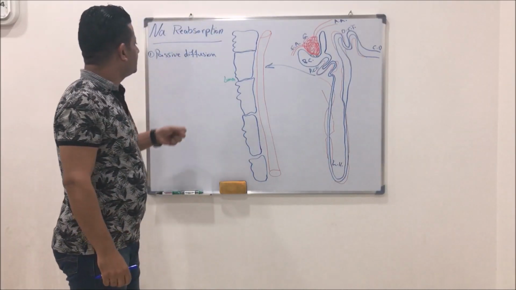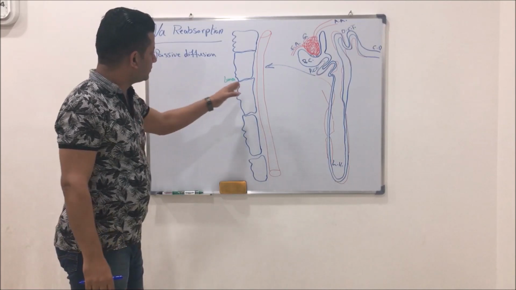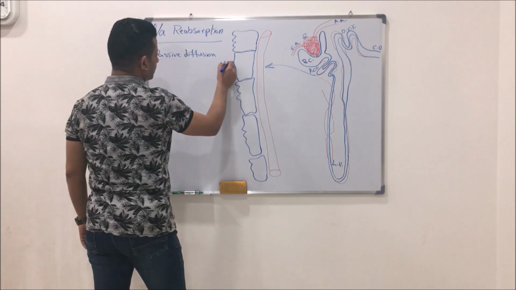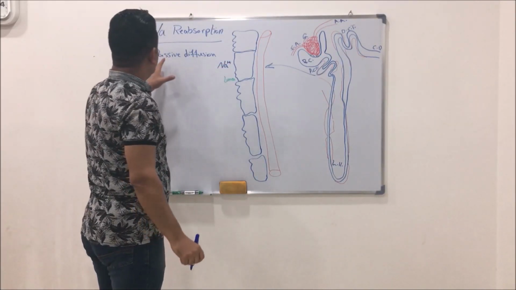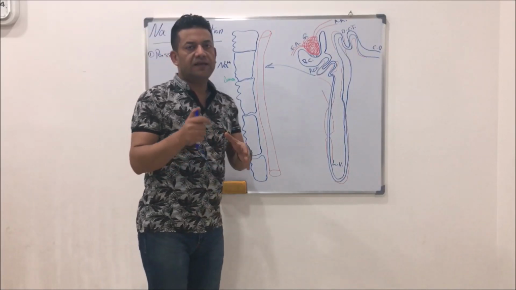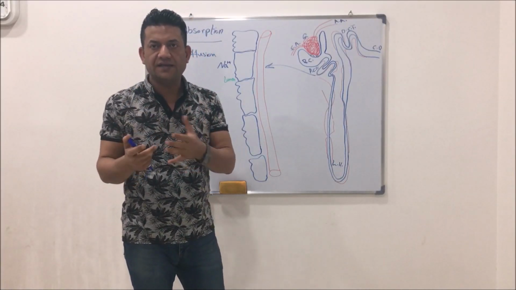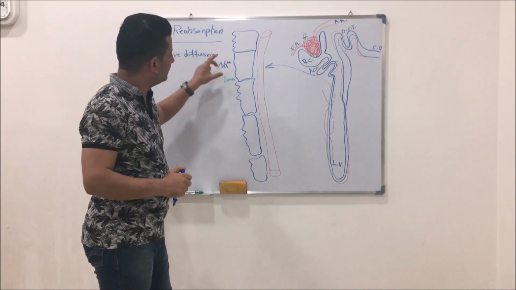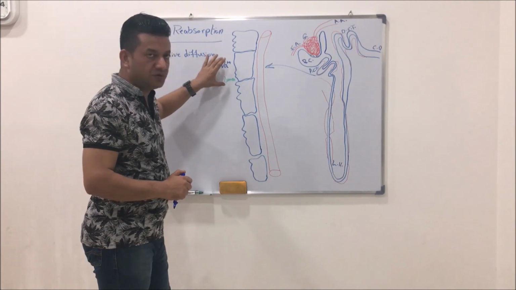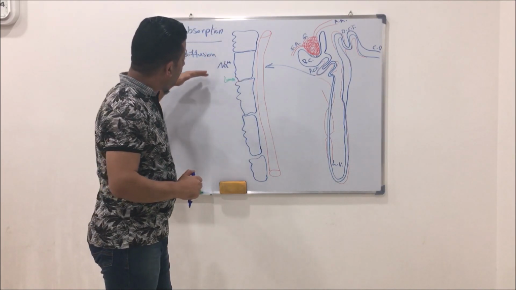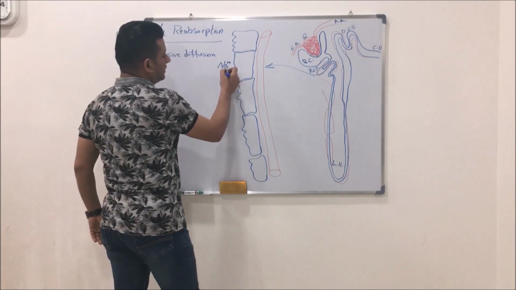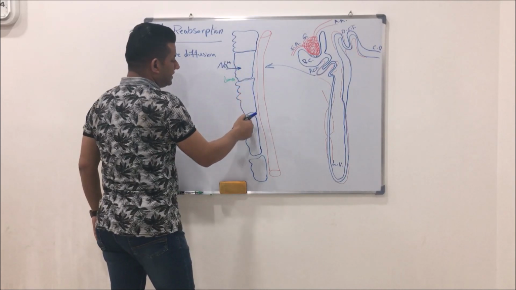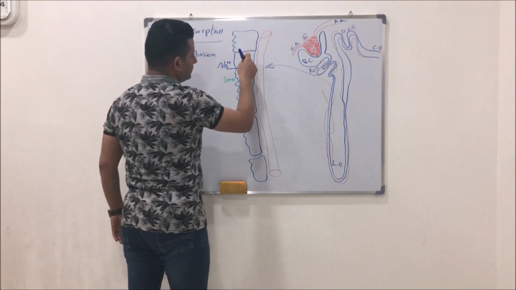So one of the mechanisms of reabsorption of these sodium ions is passive diffusion, depending upon the gradient in the concentration of sodium. Because of the high concentration of sodium inside the lumen of the renal tubules, sodium will diffuse to the lower concentration areas inside the renal tubular cells.